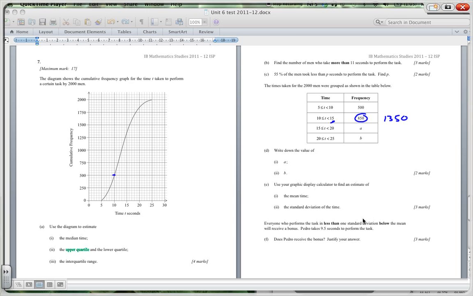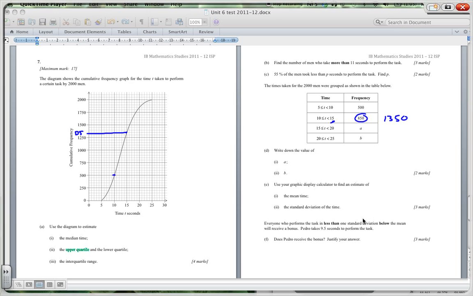So when I go up at 15, I see that my value here is 1,350.